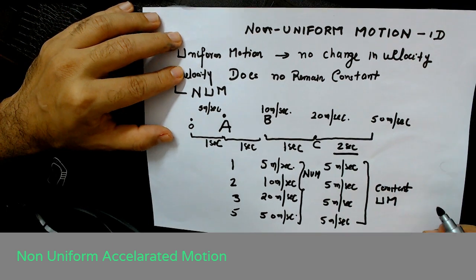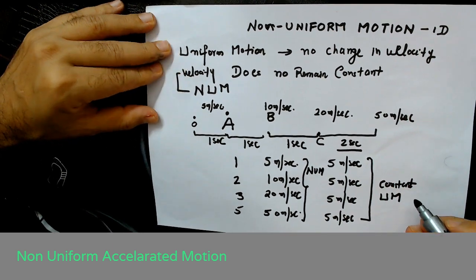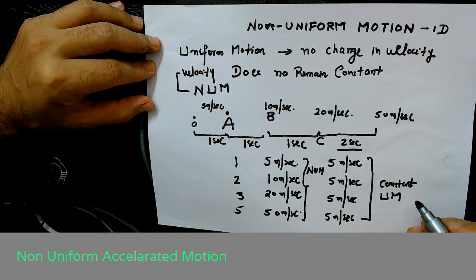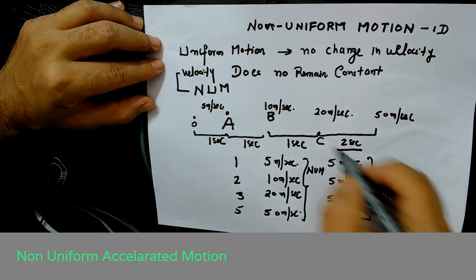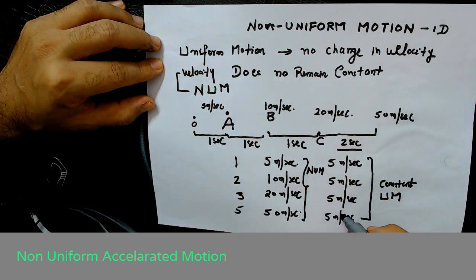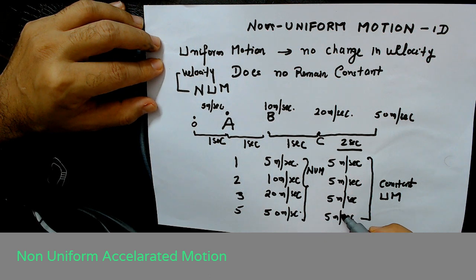So I think you should have a clear sense when you do the numericals what type of motion it is. Most of the motion in the world is non-uniform. You never move with the same velocity. Either your speed is increasing or your speed is decreasing.